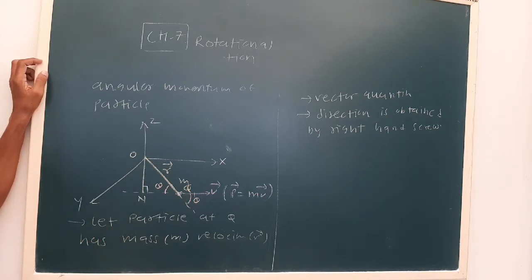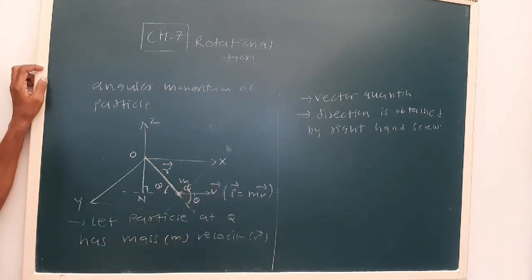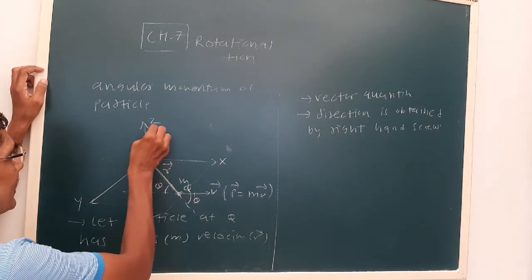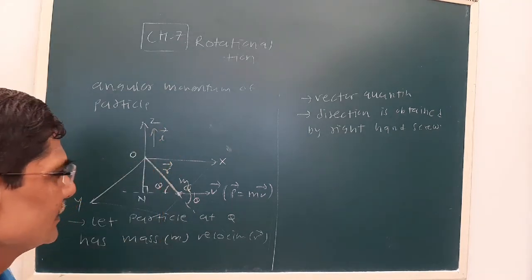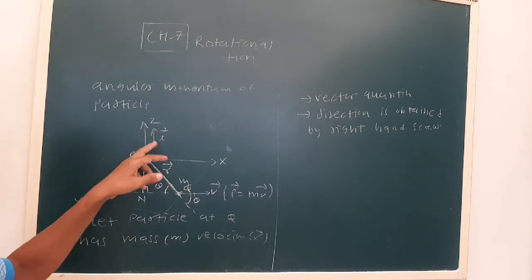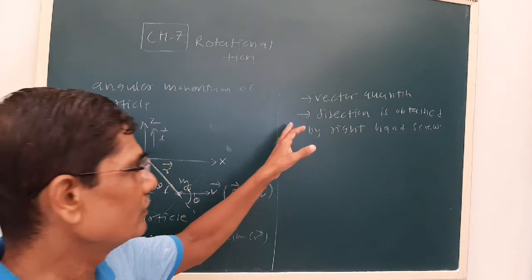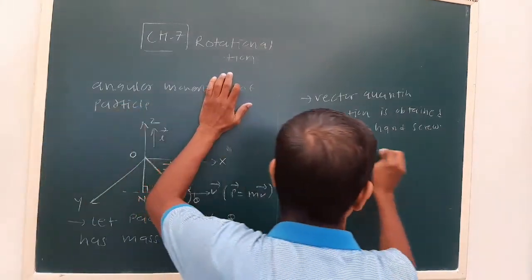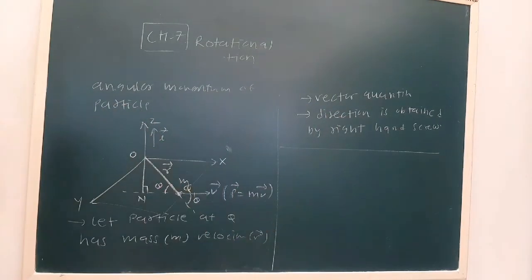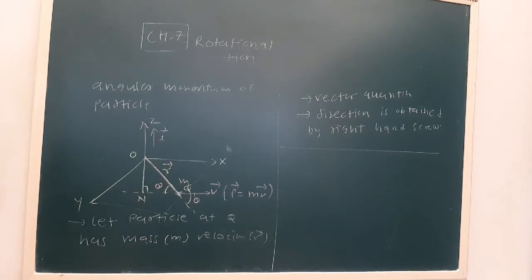So the direction of angular momentum will be perpendicular to the plane formed by R and P. So here it will be in the Z direction. So this is about angular momentum. Torque is the moment of the force about the origin, and angular momentum is the moment of the linear momentum about the origin.